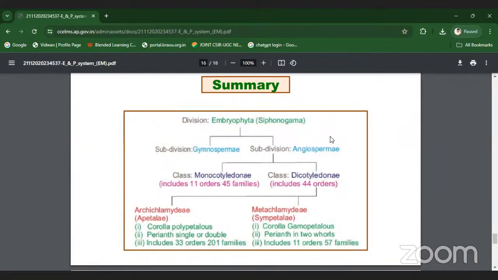The main taxa are divided into Polypetalae, Gamopetalae and Monochlamydeae. But here, Polypetalae and Monochlamydeae are both in the Archichlamydeae taxa, and the rest, with fused petals, are in the Sympetalae taxa.